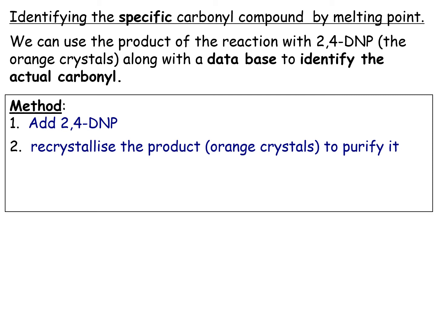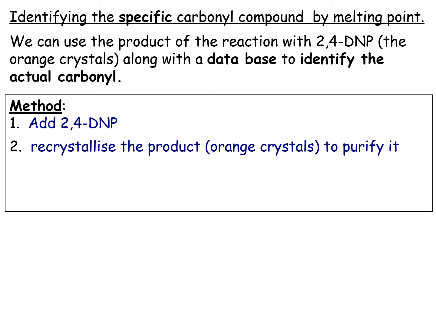Now what does that mean? Well, recrystallization is a process that allows you to purify that solid. And what you'll actually do is you will filter that precipitate out first of all.